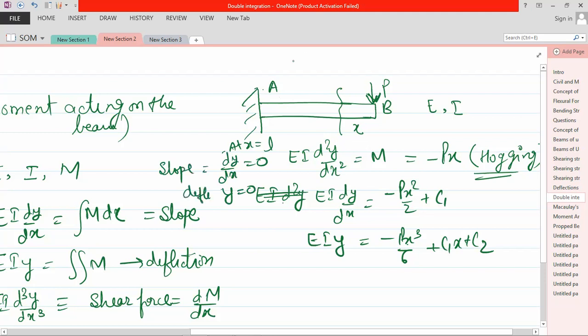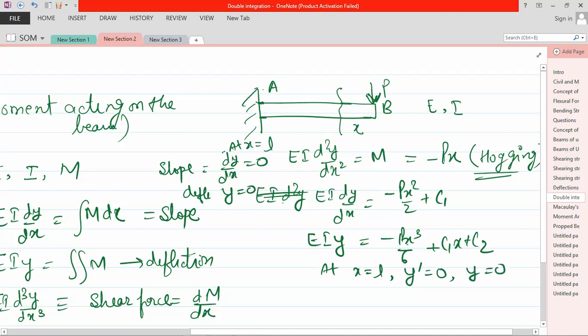That means this body will not have any slope at this point, and also will not have any deflection. Now to put that, at x is equal to L, y prime, that is dy by dx, is equal to 0, and y is equal to 0.